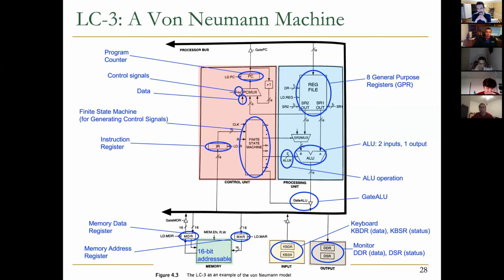So if enabled, you can write. If disabled, you cannot, right? The same for up there for the gate PC, when it is needed to write the value of the PC on the bus.